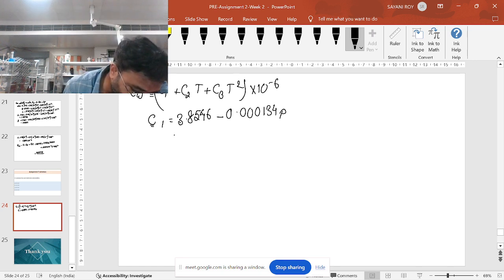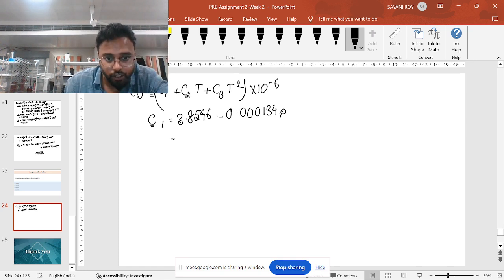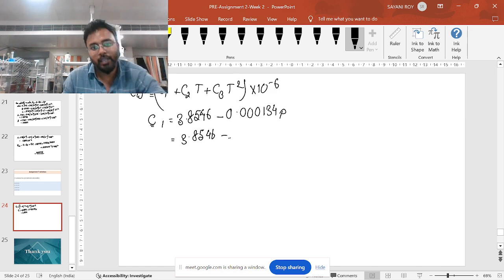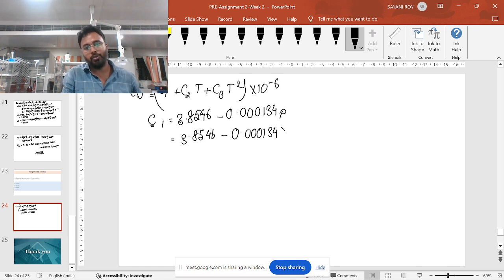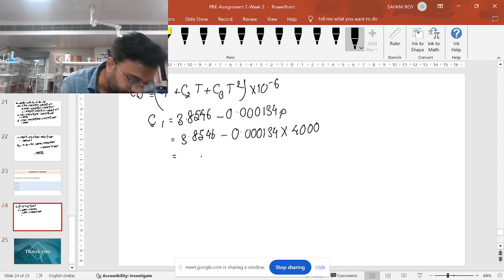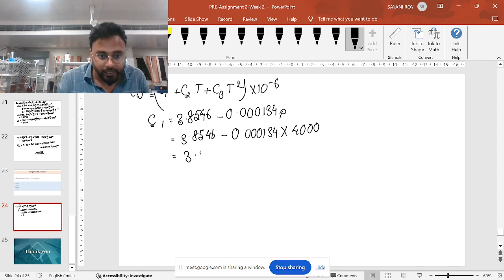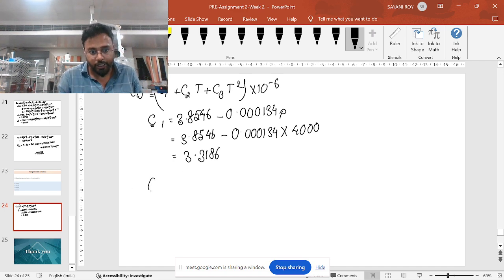So it will be 3.8546 minus 0.0000134 into pressure, which is given as 4000. So the C1 value will be 3.3186. Next we have to find C2.